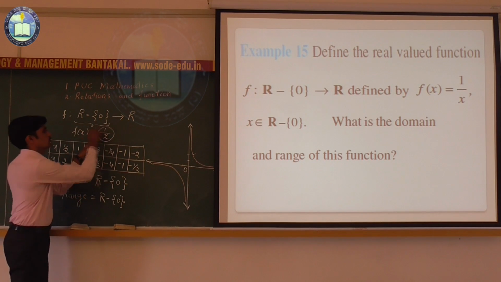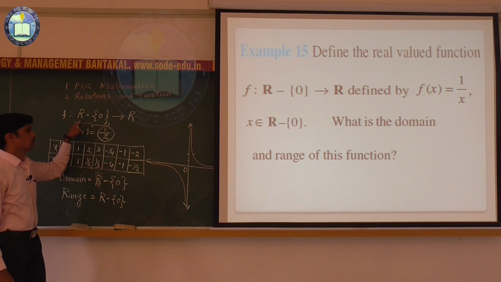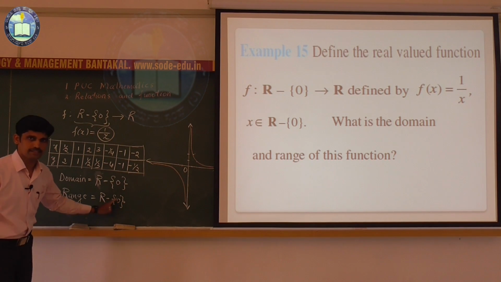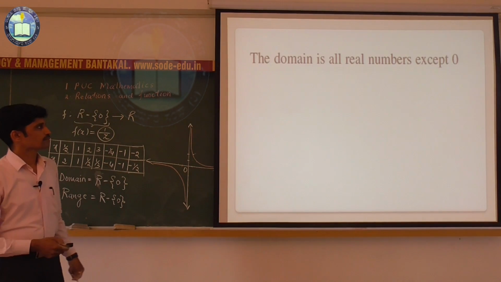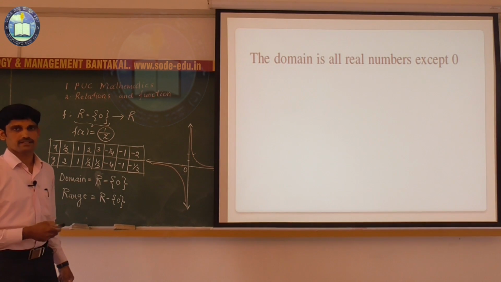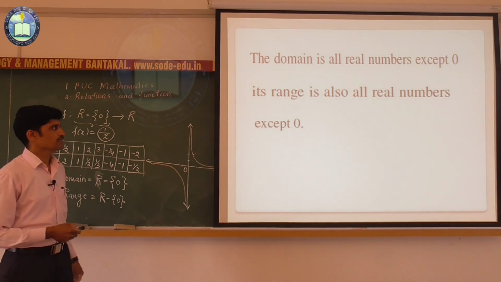This value of 1 by x never becomes 0 for any value of x belonging to the set R minus 0. Therefore, range is R minus the single element set containing 0. You can see the graph of this function here. The domain of this function is all real numbers except 0, and range is also all real numbers except 0.